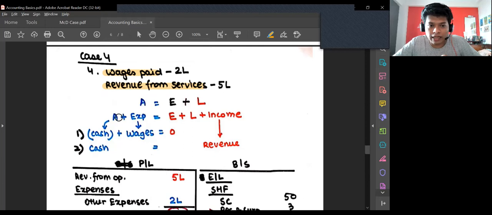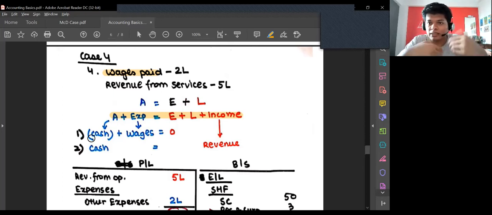Again, now we have this accounting equation which we wrote: asset plus expenses equal to equity plus liability plus income. Now for the first one, let's forget this for now. Within expense, wages paid, what will happen? I'll pay wages, which is my expense, and when I pay wages, my cash will go out, so my asset will reduce. So here asset is reducing, and if I write anything in brackets, that means it's going out.